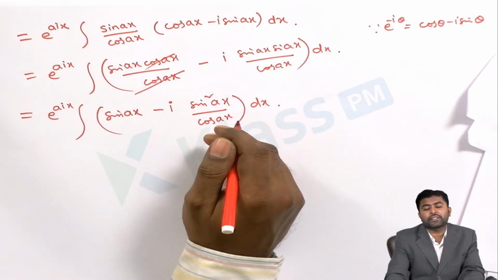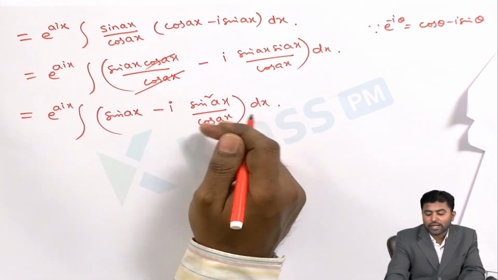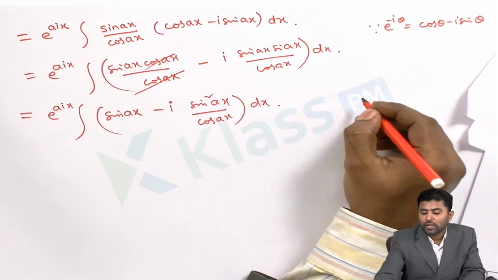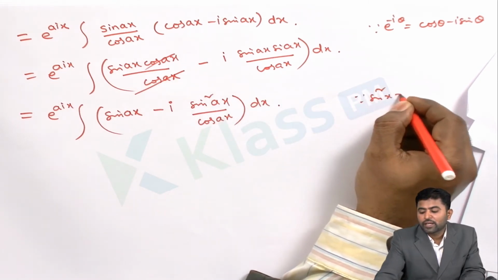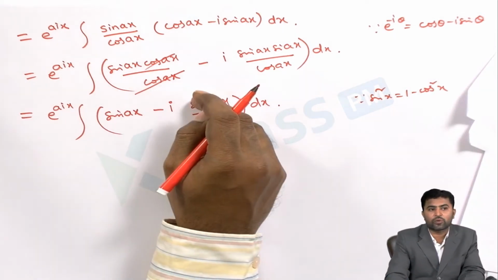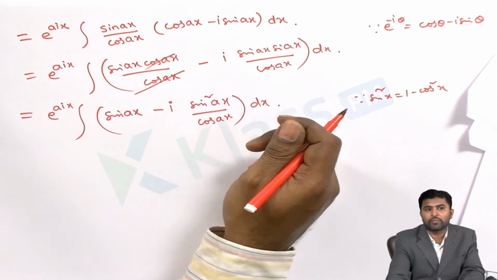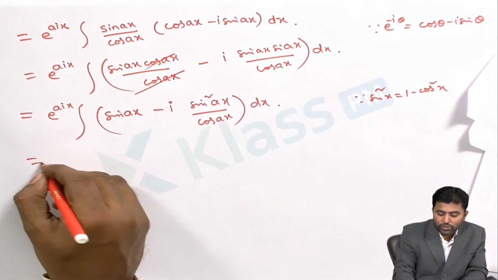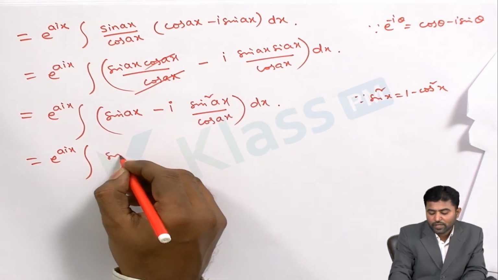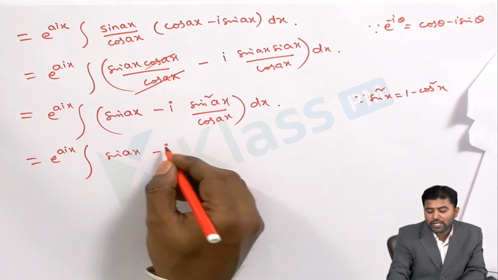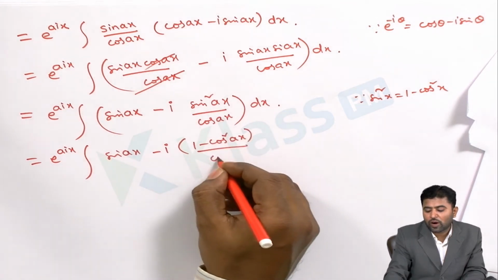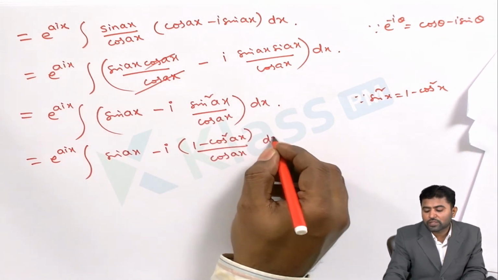Since the numerator is in terms of cos, then sin square should also be expressed in terms of cos. We know that sin square x is 1 minus cos square x. So we'll replace sin square with 1 minus cos square. So this I can write as e power aix integration of sin ax minus i into 1 minus cos square ax by cos ax into dx.